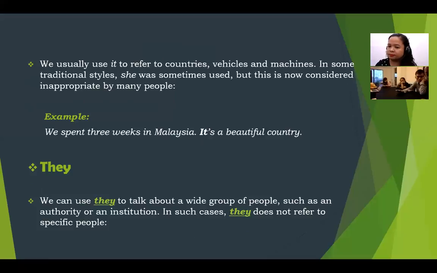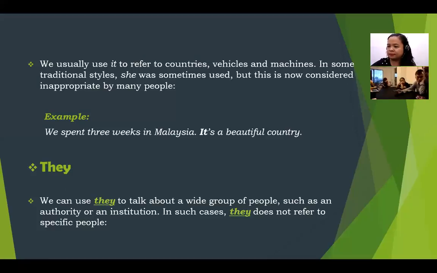We can use "they" to talk about a wide group, such as an authority or an institution.